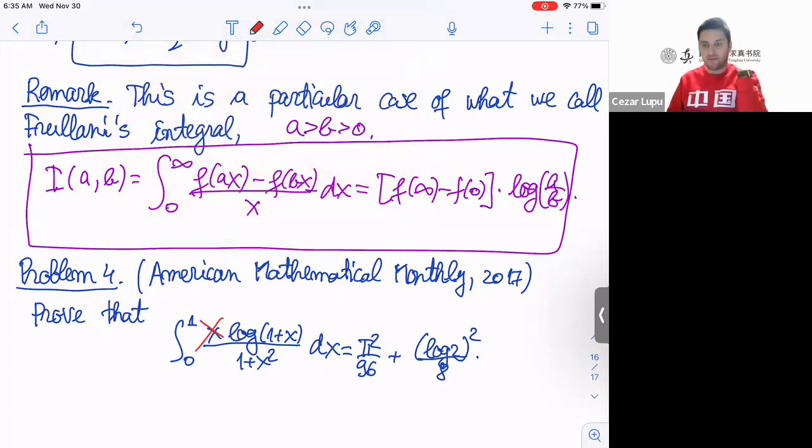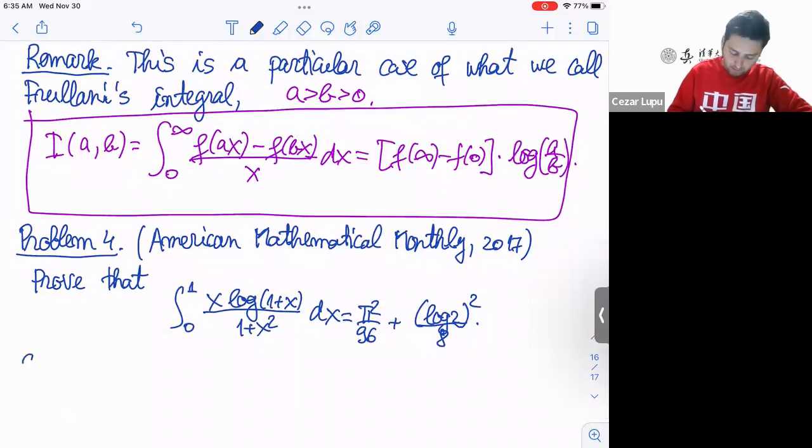So that was the Putnam problem without any x. Now we do have an x here. So the question is, will this perturb me in any way? Let's proceed in exactly the same way.